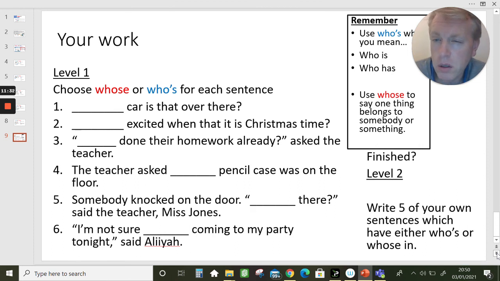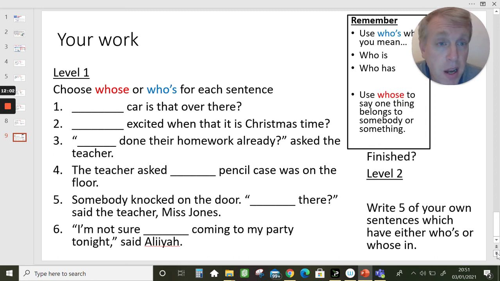Number two, who's excited when it is Christmas time? Who's done their homework already? Their teacher asked whose pencil case was on the floor. Somebody knocked on the door. Who's there? Said the teacher, Miss Jones. I'm not sure who's coming to my party tonight, said Aaliyah.